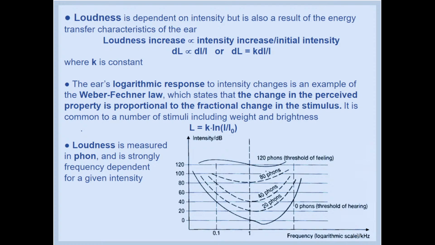The source to be measured is placed near the standard source, whose intensity is adjusted until the two sources have equal loudness. If the standard source has an intensity level of 1 decibel, then the loudness of the unknown source is 1 phon. Loudness is dependent on intensity, but is also a result of the energy transfer characteristics of the ear.